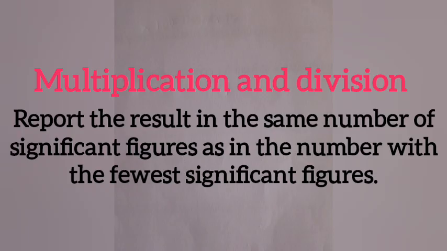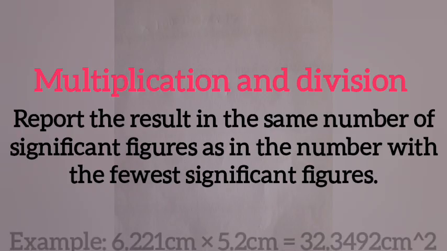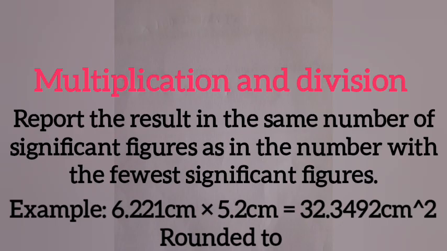For example, 6.221 cm times 5.2 cm. That multiplication operation will result in a value of 32.3492 cm square.